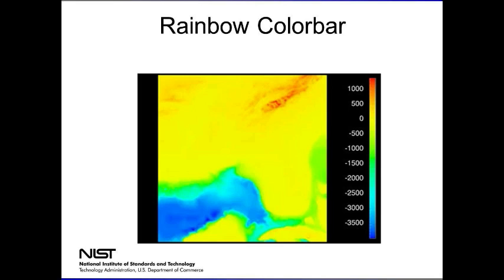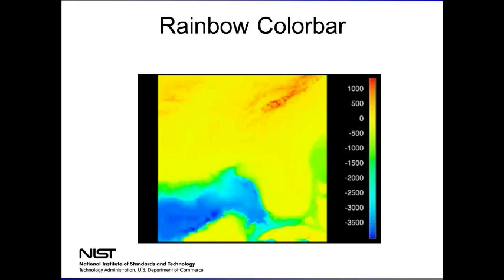So you look at it and you say, well, there's some blues and some greens and yellows and a little bit of reds there. And so oftentimes I'll ask, what do you think that is? Right now, I will tell you that 0 is a very important value in this data set, but this color bar is hiding that fact.